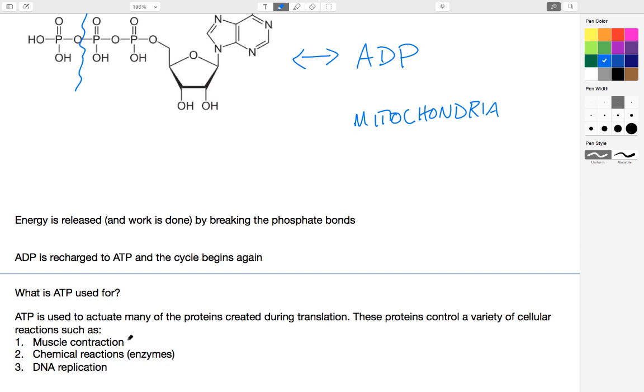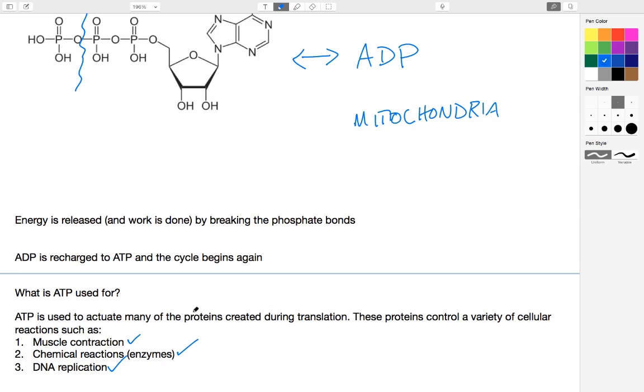Each time a protein changes shape to do muscle contraction, an ATP molecule is consumed and converted to ADP. Each time your cell performs certain classes of chemical reactions, converting substrates into products, an ATP molecule is converted into ADP. Even things like DNA replication, making copies of DNA, use molecules that require ATP to function. And the ATP literally plugs into it just like a battery plugs into a portable electronic device.